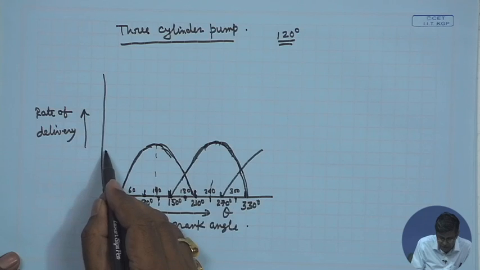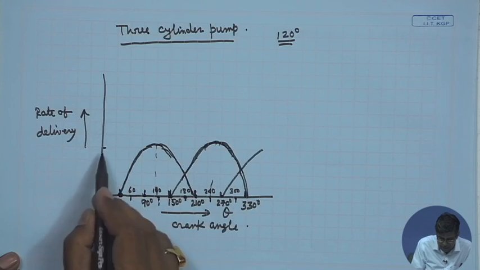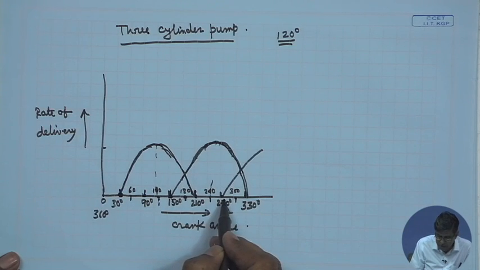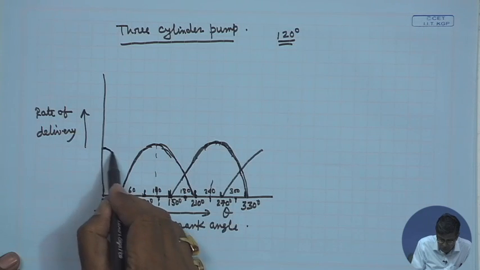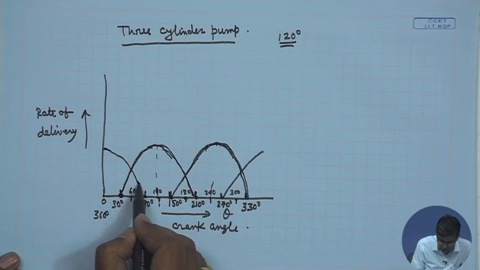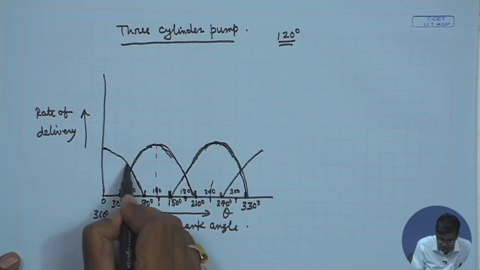Its maximum is at 360, because 270 plus 90 is 360. So, this is another cylinder.